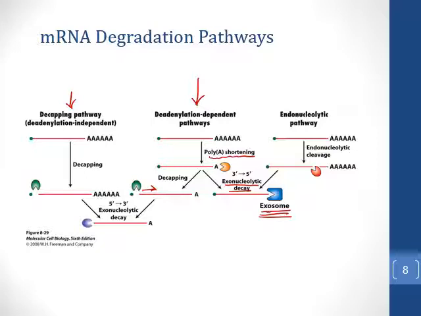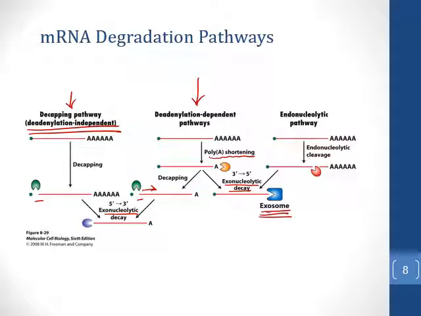And so that's why this is called deadenylation independent. In other words, decapping that occurs without any changes to the poly A tail is still going to result in degradation. Again, this is 5' to 3' exonucleolytic decay. It's going to happen here, and it's going to happen here.